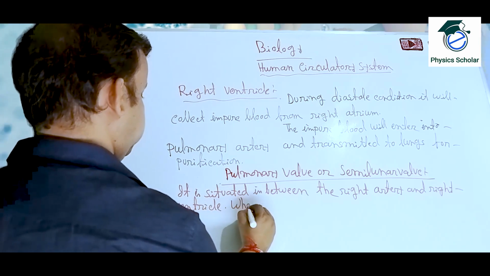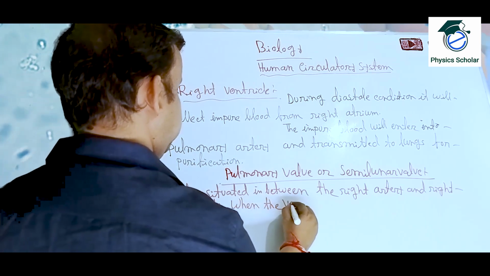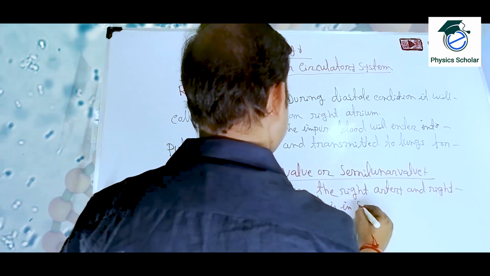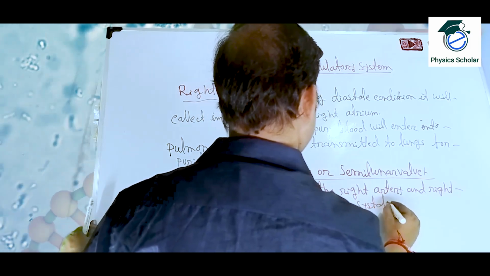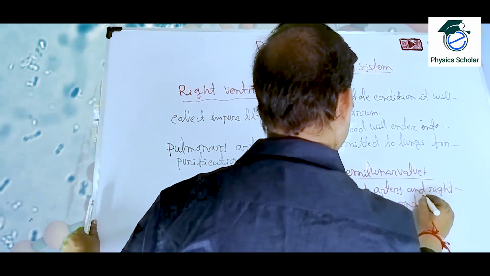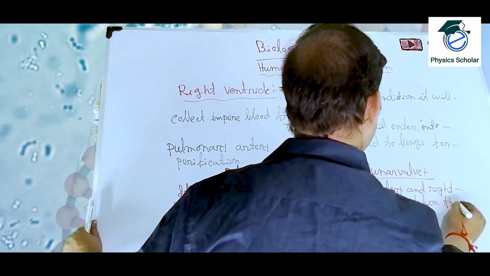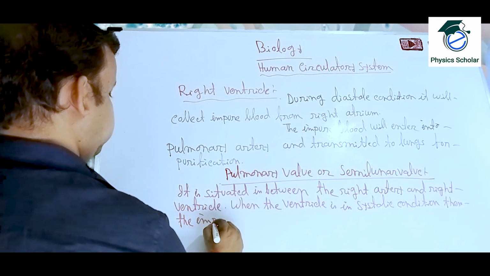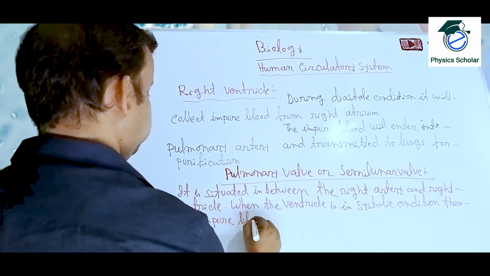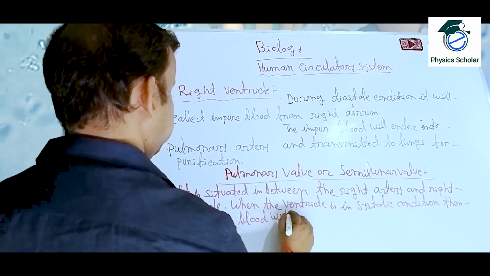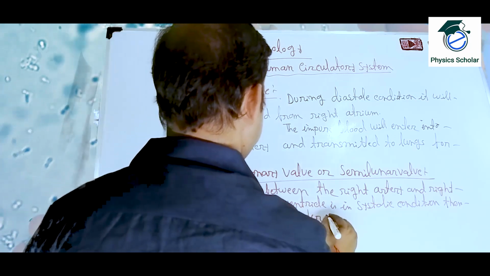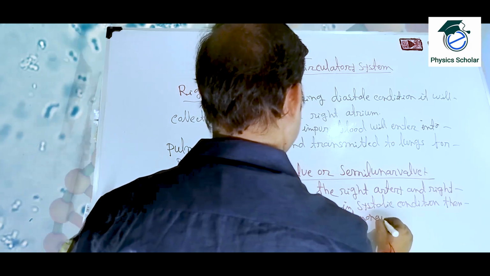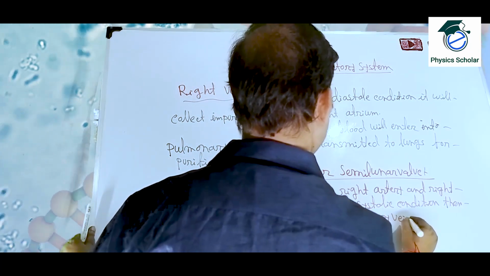When the ventricle is in systolic condition, then the impure blood will enter the pulmonary artery.